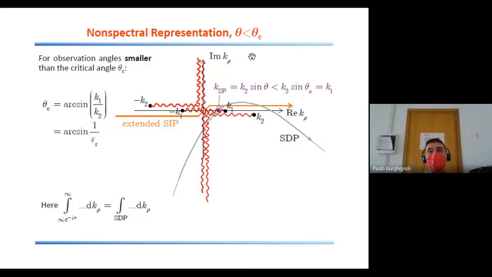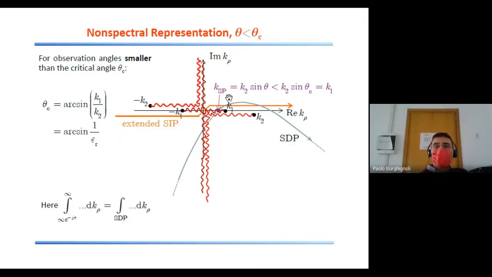Now consider this representation, which is a non-spectral representation, and consider the asymptotic evaluation of the integral that we performed in the previous lesson by using the steepest descent path. We found that there is a saddle point that is located on the real axis, somewhere between the origin and the K1 wave number, and precisely this is indicated here in purple.